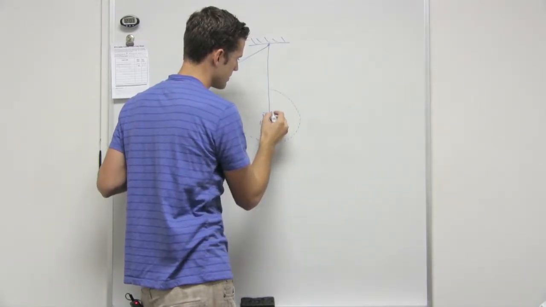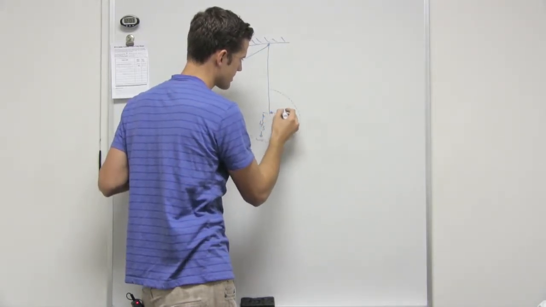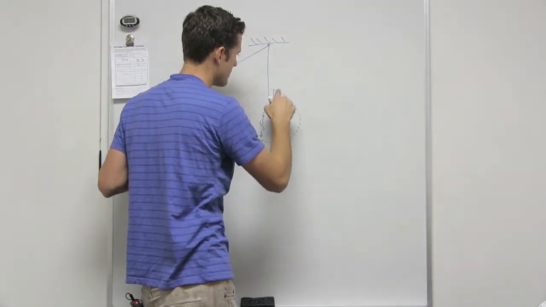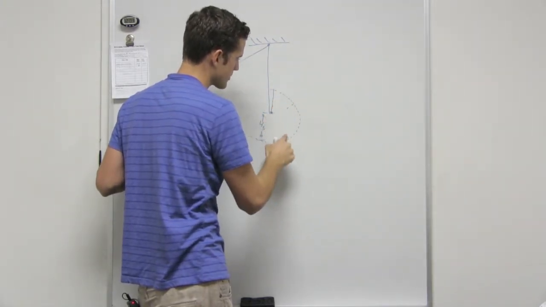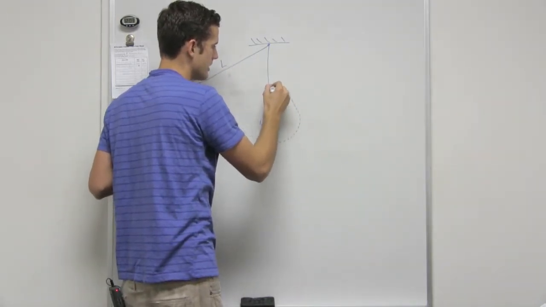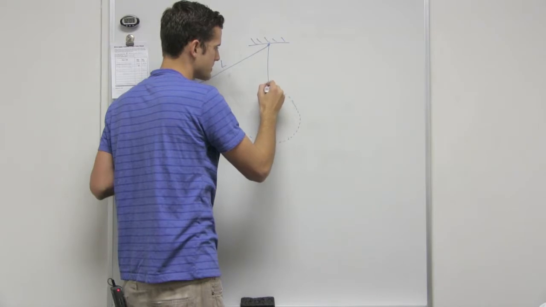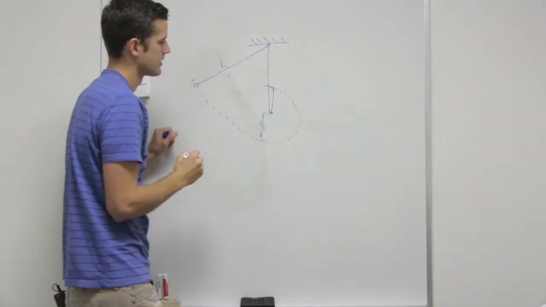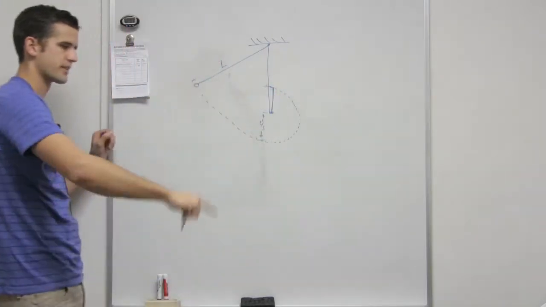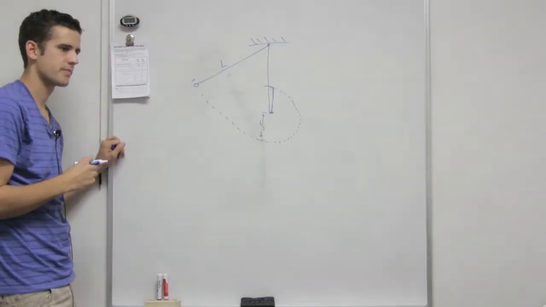So the string would be like this, and as it comes around, if it's going fast enough, it'll swing right over the top of this peg and then wrap around the peg.